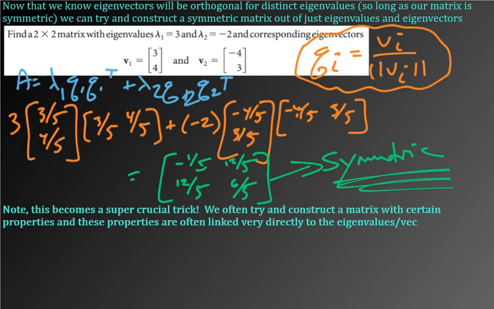And so then we have this spectral decomposition, and we can just pop in what we know, and we can get out a matrix that has those properties. So it's a very common thing that I remember doing in a lot of my higher level math classes.